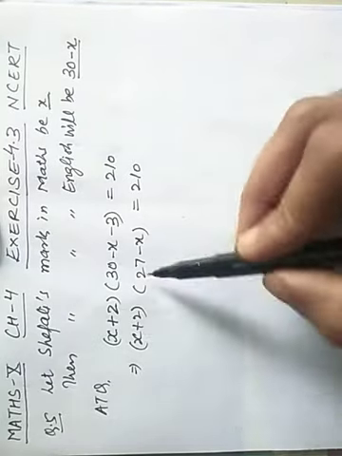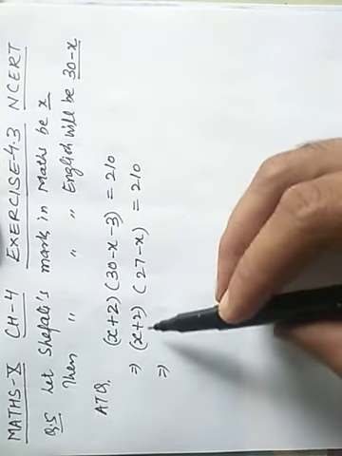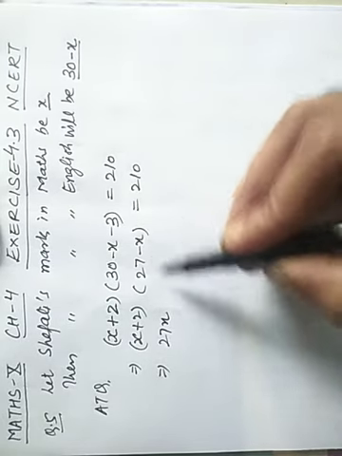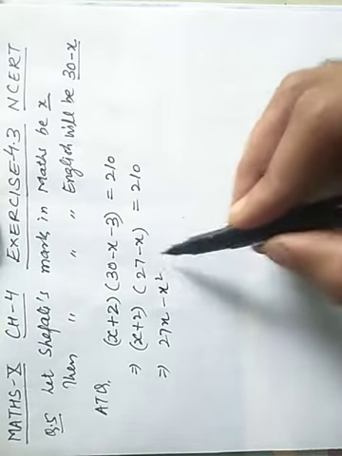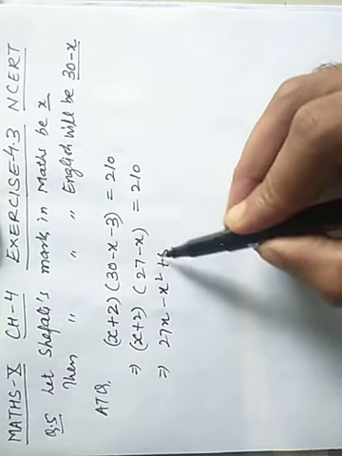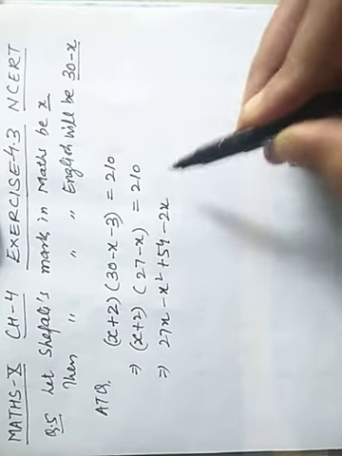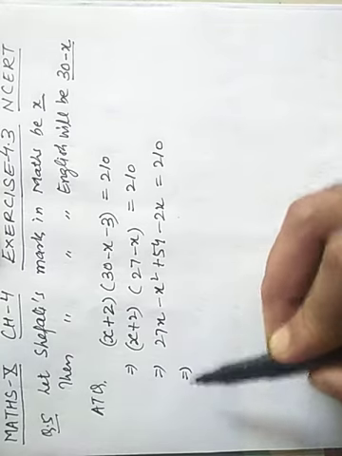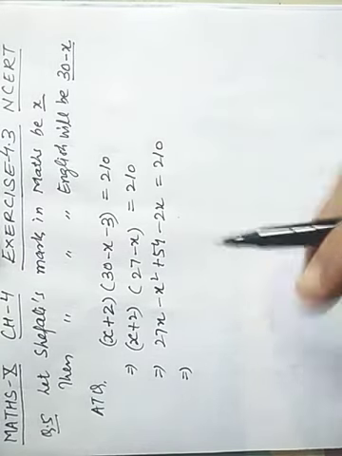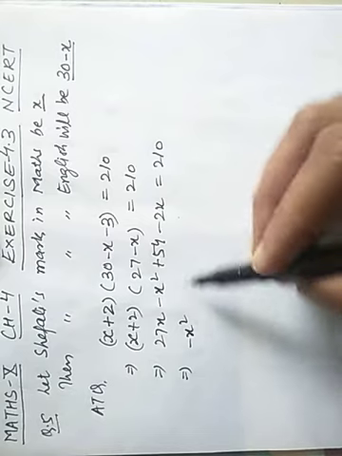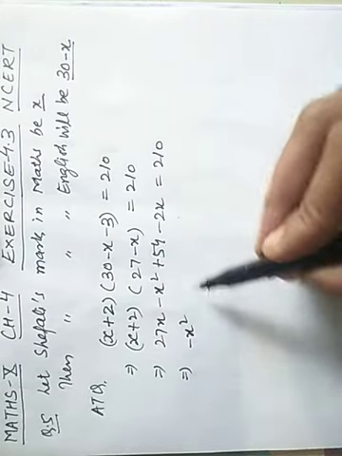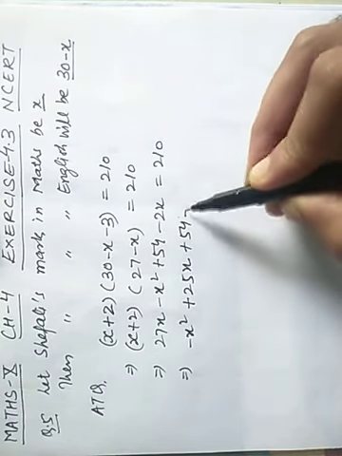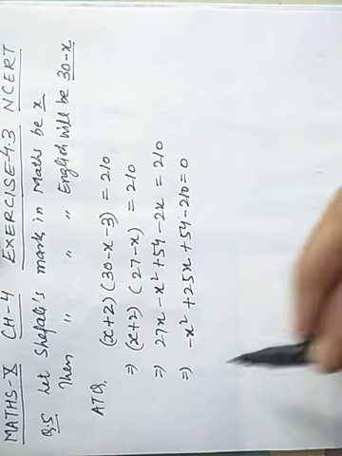Now we will multiply these 2 binomials. So x into 27, 27x, x into minus x, minus x square, and 2 into 27, plus 54, and minus 2x is equal to 210. We can bring this 210 to the left hand side. We have minus x square, 27x minus 2x is plus 25x, plus 54 minus 210 is equal to 0.